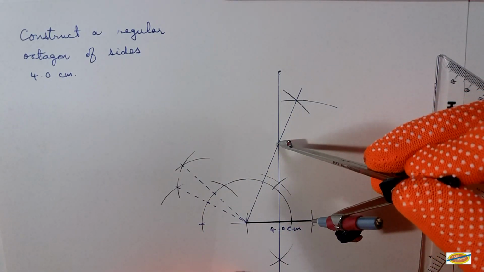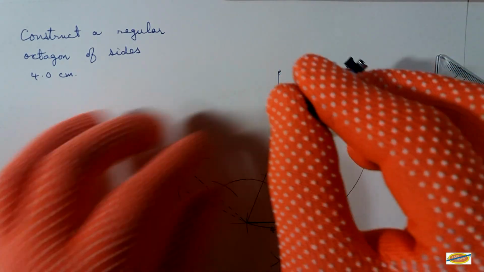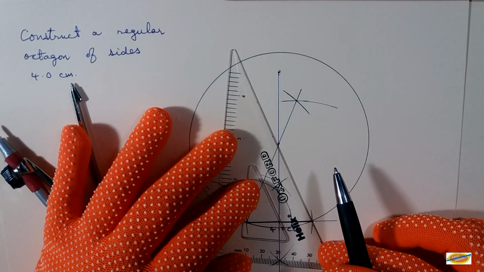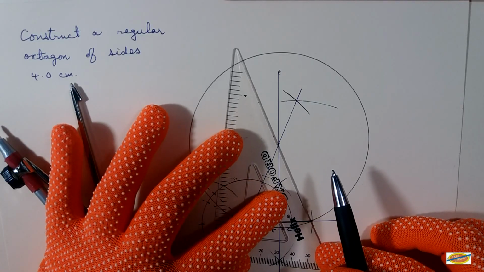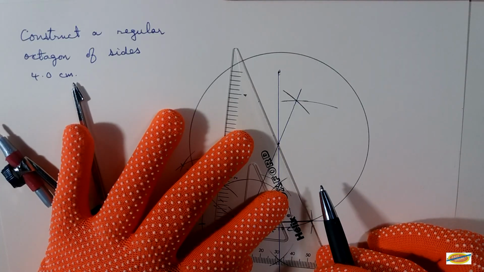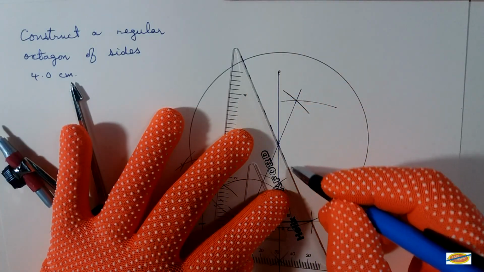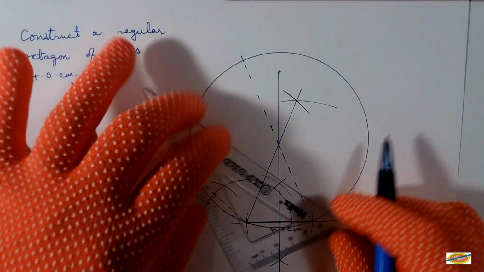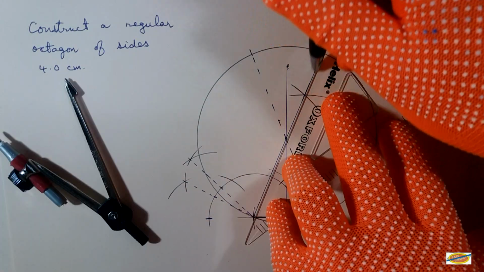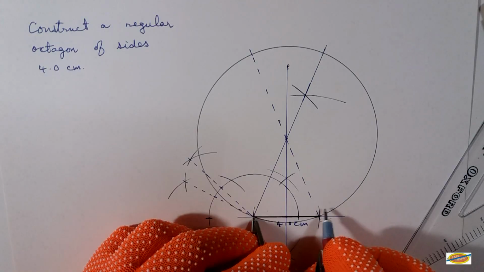That measurement there, which is the same measurement here, this next step here is not really necessary, but it's a precaution. Now all that remains is to make sure we have this 4 centimeters.